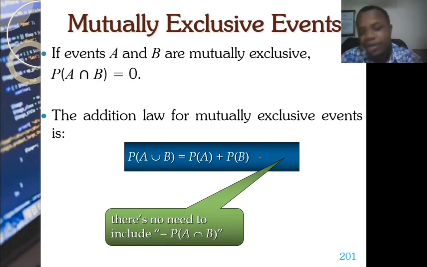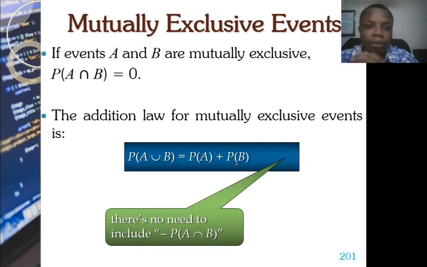They have nothing in common, so they have no intersection. So if you have an example with events that are mutually exclusive, for you to get their union, just add the probability of A and the probability of the second event without any intersection. And this is how the mutually exclusive event is estimated.